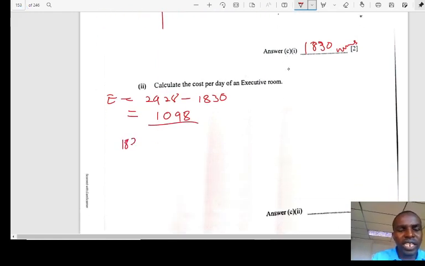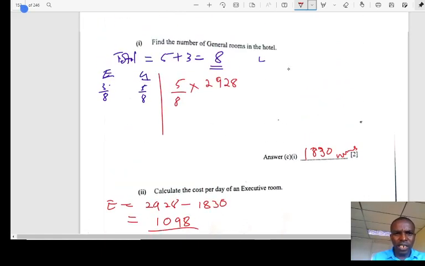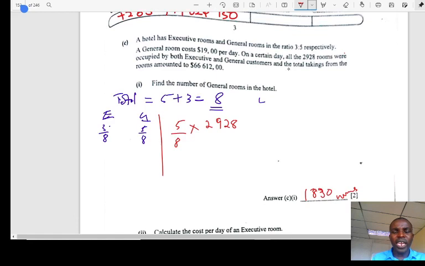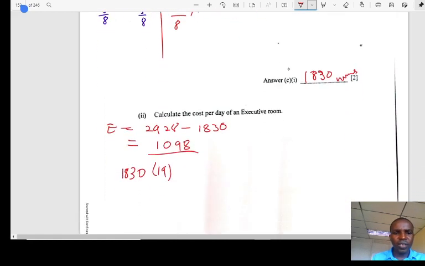You say 1830 times 19 per day. General rooms are 19 per day, and general are 1830. So it's plus executive 1098.